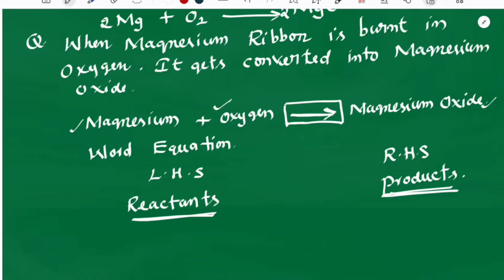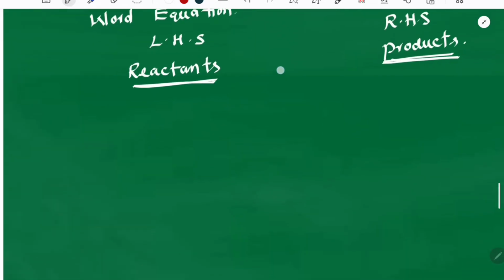What are the steps involved in writing a chemical equation? Some steps we can follow to write balanced chemical equations. Next, we'll discuss the topic.